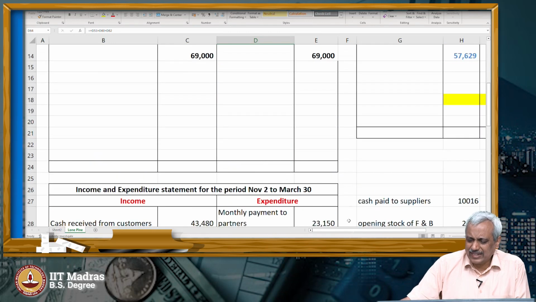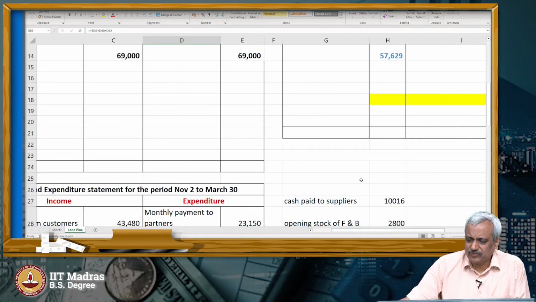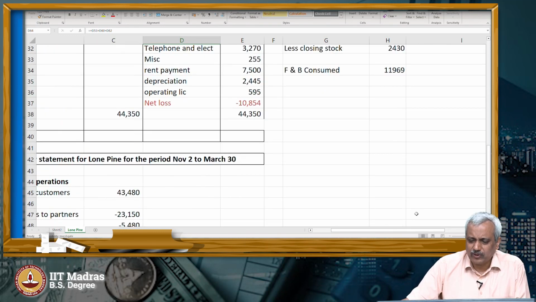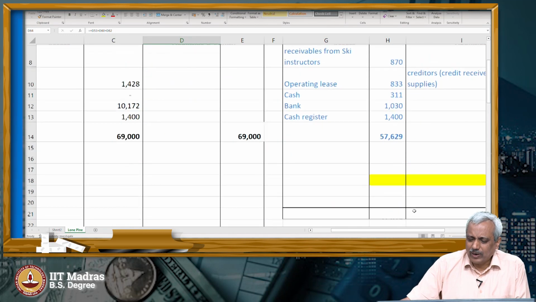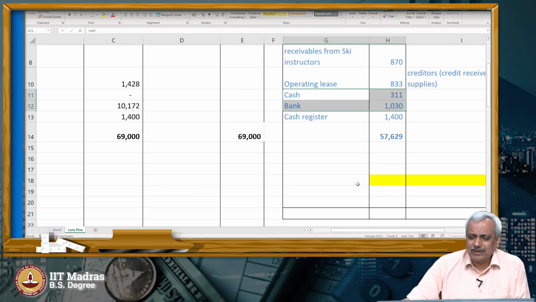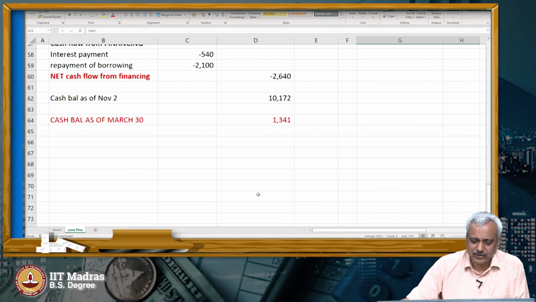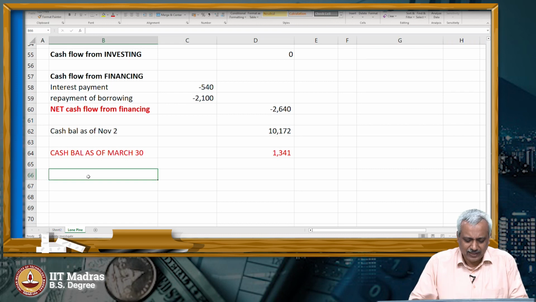Now let us go back and check whether the cash balance is 1341. How much is it? 1341. What is the cash balance here? Cash balance is 311. What is the bank balance? Bank balance is 1030 and that is equal to 1341. That is what you will see.